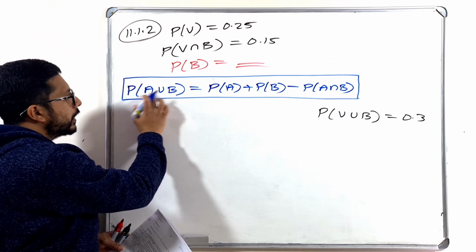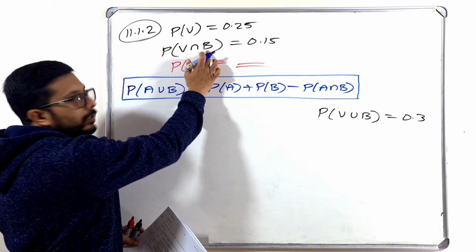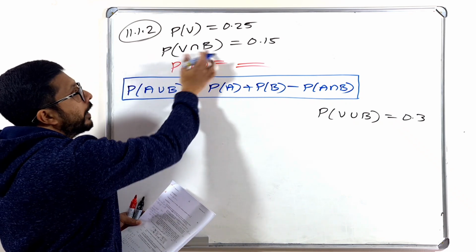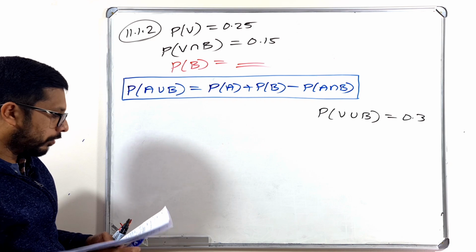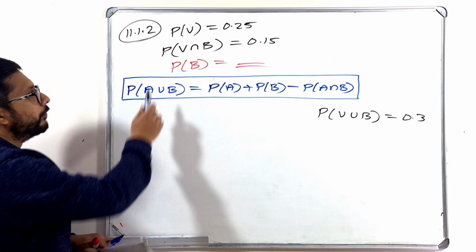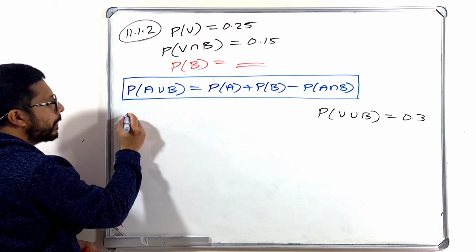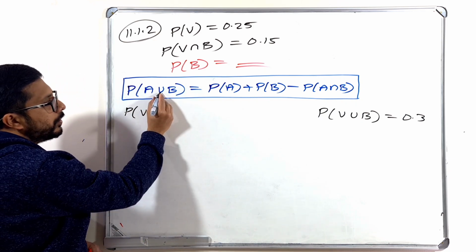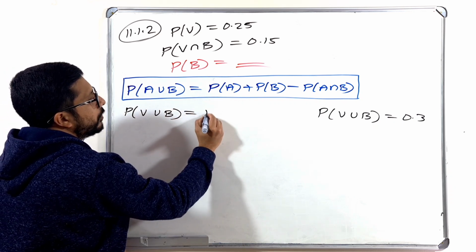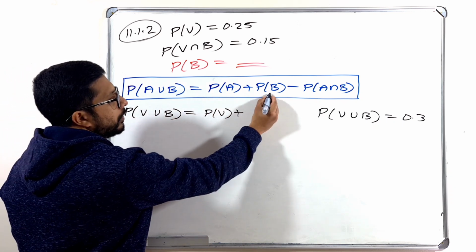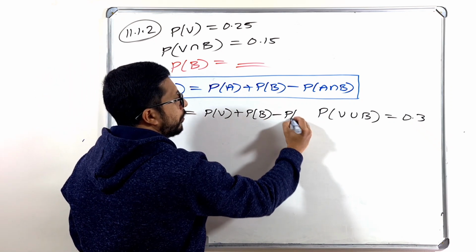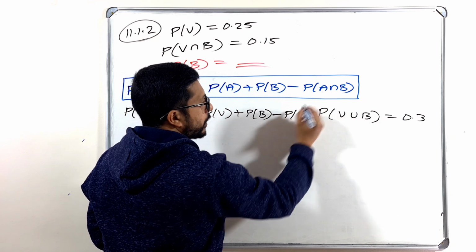Now here, instead of A and B, we have V and B, Valley and Bongani. So how can we write that in terms of Valley and Bongani? This is the standard formula we studied. The probability of Valley union Bongani is equal to the probability of Valley plus the probability of Bongani minus the probability of Valley intersection Bongani.